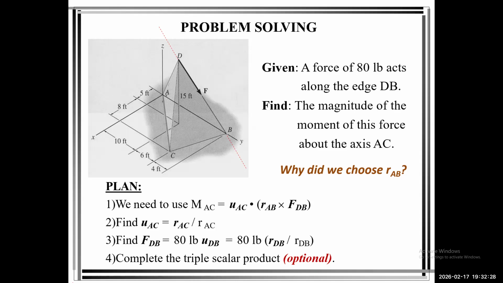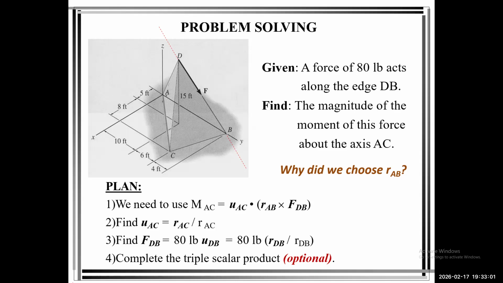You see that? So in this case, to find the moment about the axis M_AC, we can use the unit vector along the same axis, which is U_AC, and then we are going to use the position vector AB times the force. You see that? That's the one we choose to use. And you also need to change the force into Cartesian. So you're going to have to find the position vector of DB. And to find the position vector of DB, everybody can do that by now.